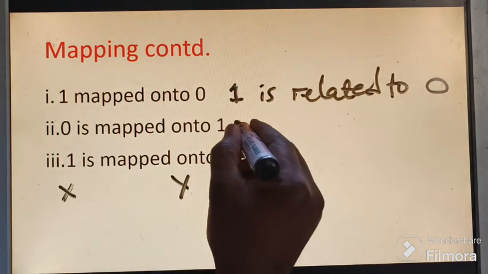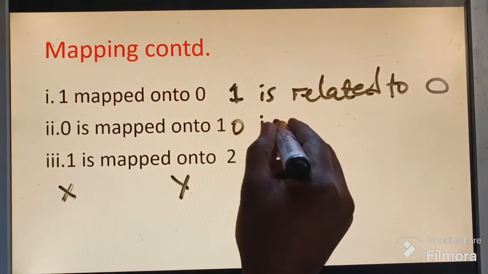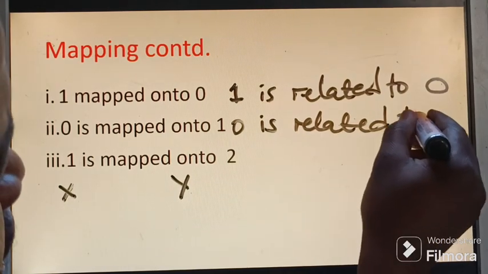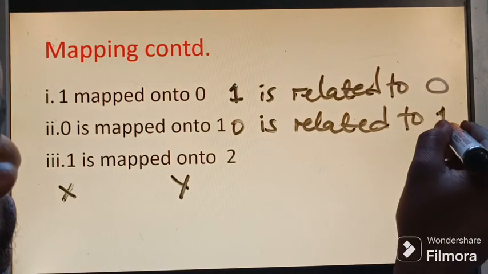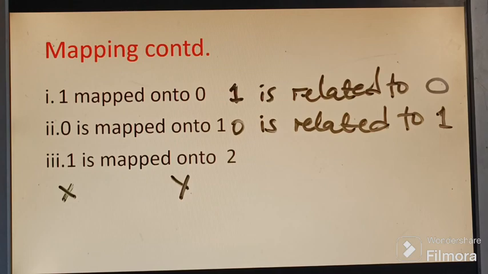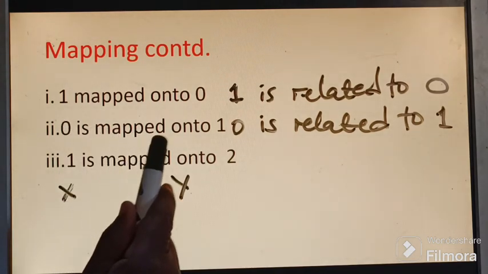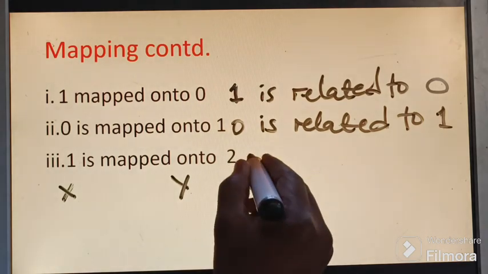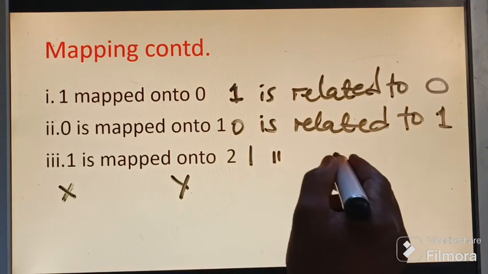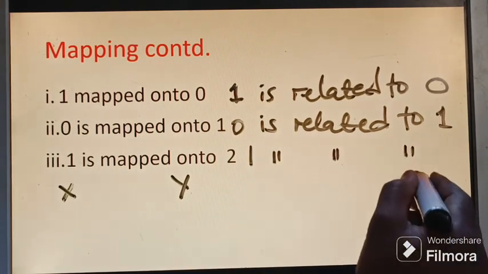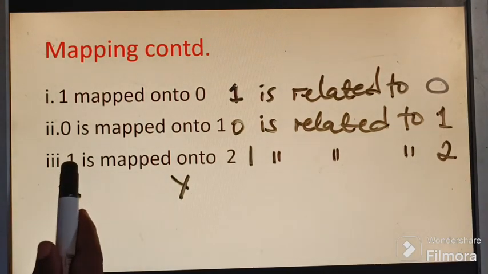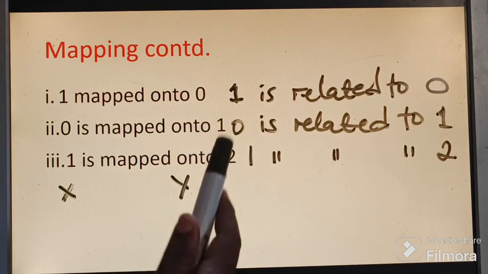Instead of saying 0 is related to 1, we say 0 is mapped onto 1. Instead of saying 1 is related to 2, we say 1 is mapped onto 2.